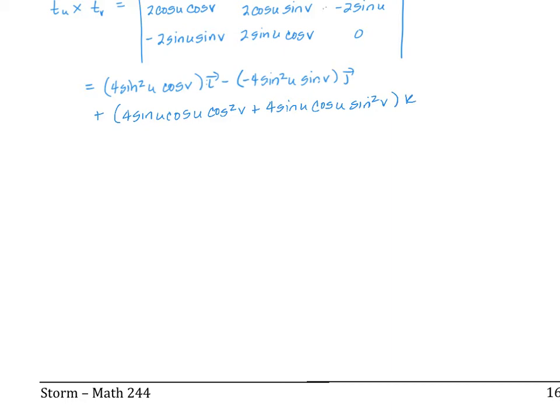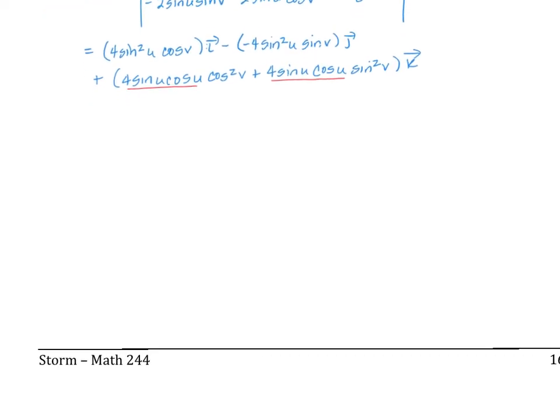And that's my k. I think I'm going to clean this up because notice in my k, if I factor out 4 sine u cosine u, what remains is cosine squared v plus sine squared v, which is simply 1.